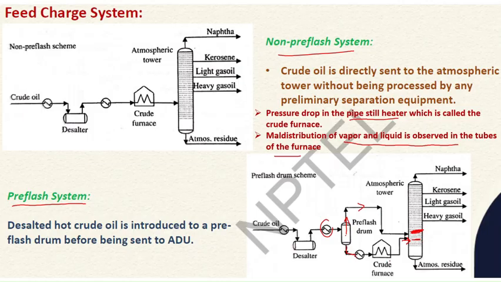This is the vapor portion and this is the liquid portion, and we have introduced them on different plates. So proper distribution of vapor and liquid cuts has been taken care of. Also, mostly liquid portion is there, so there is no formation of a huge amount of vapor, due to which the pressure drop problem is also taken care of in this case.